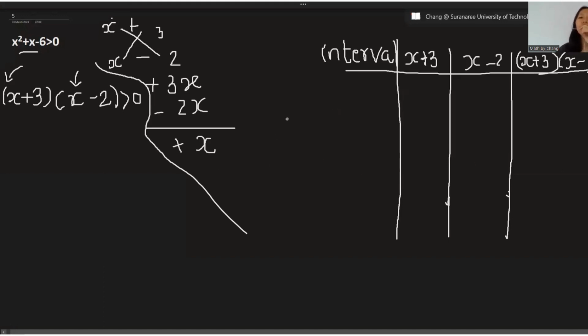Before you go to plot this, you need to consider the intervals. So what are the intervals? How can you find the intervals? I will solve it first.